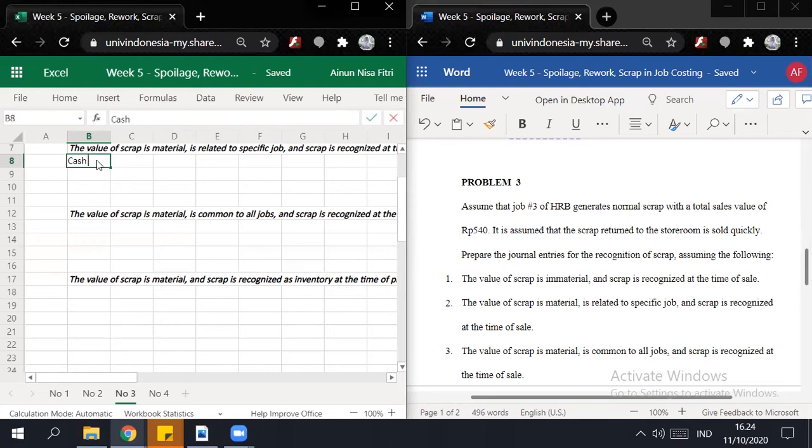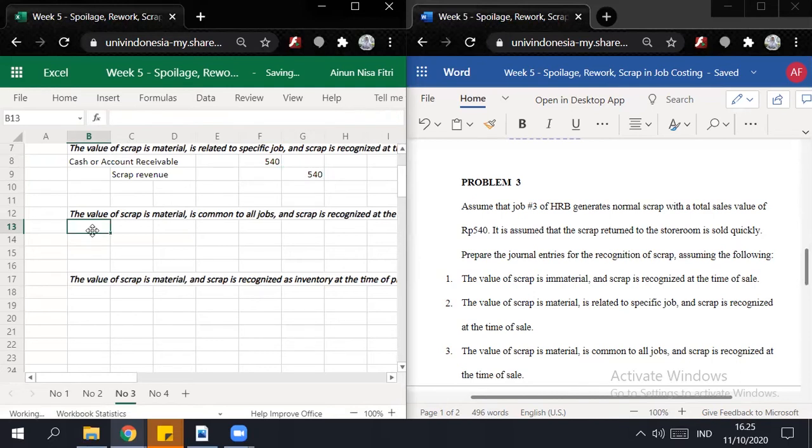Okay, so first is cash or account receivable, because it is to realize the cash we received, or if it's sold on account, then it is account receivable. And for credit side, we recognize the scrap revenue. It is as simple as that. And then for the number, just write the sales value of the scrap, which is 540.